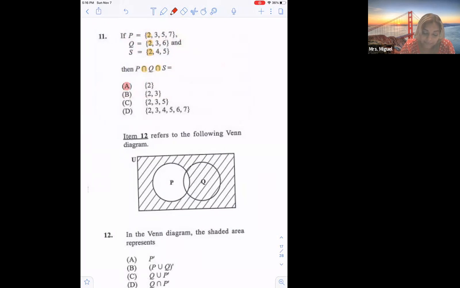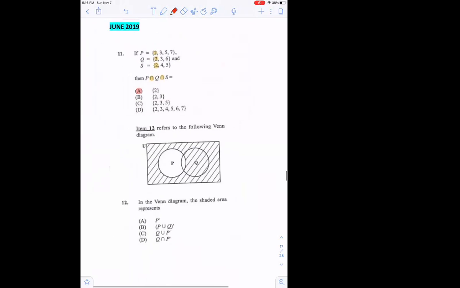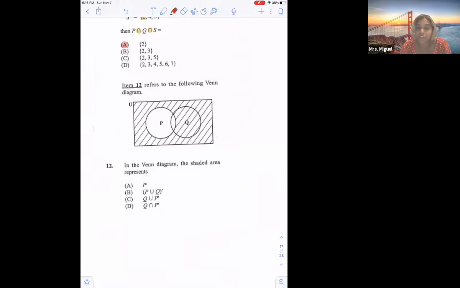Are you all seeing anything besides 2 common to P, Q, and S? No. All right. In the Venn diagram, the shaded region represents P complement, everything shaded but P.